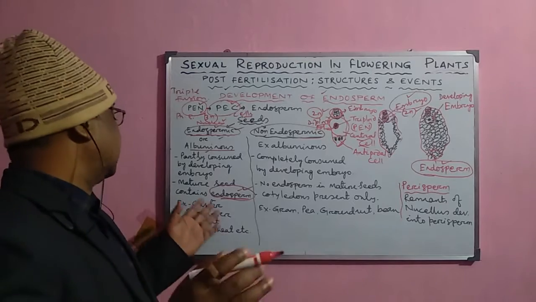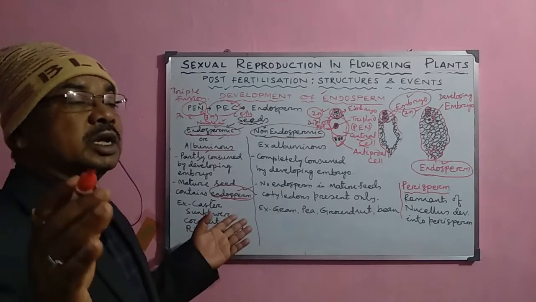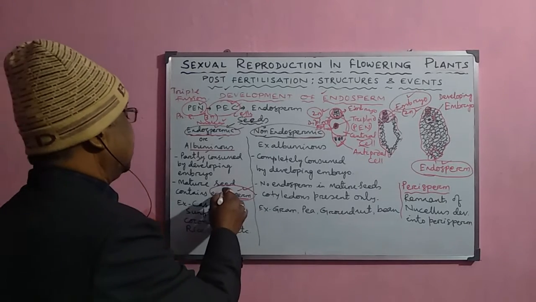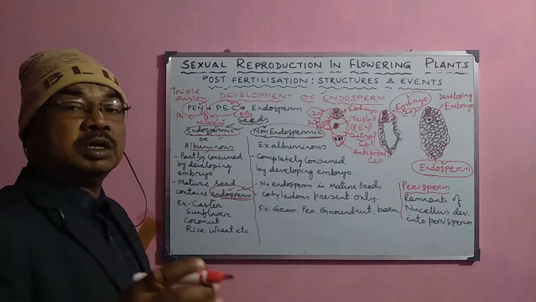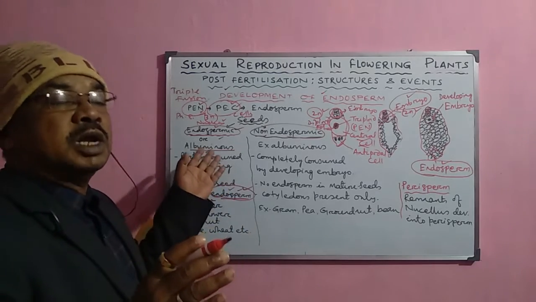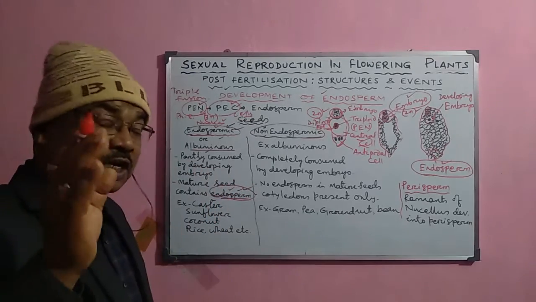For example, in castor, sunflower, coconut, rice and wheat. These are some of the seeds where the endosperm is persistent, partly consumed by the developing embryo, and part of the endosperm remains in the seed.